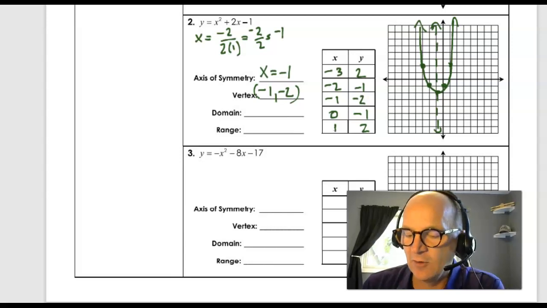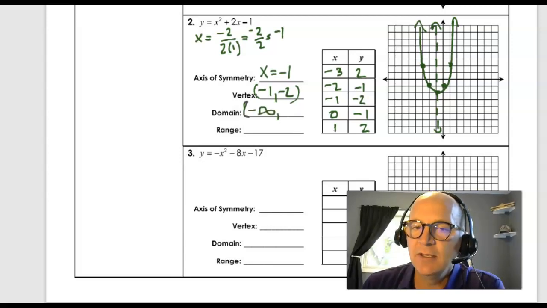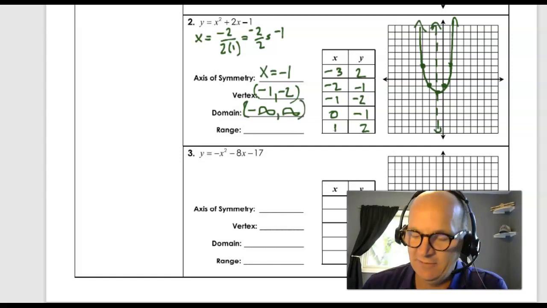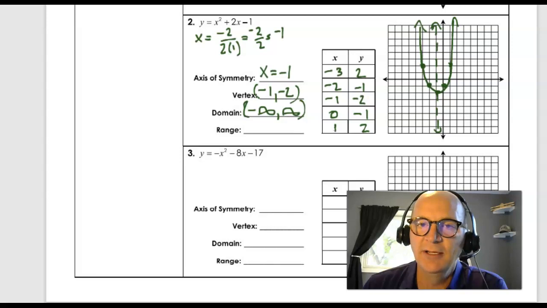Well, again, for quadratics, most of the time, the domain is going to be all real numbers from negative infinity to positive infinity. In this case, notice that the vertex is, again, the minimum of the parabola. And so the lowest point on here is -2.